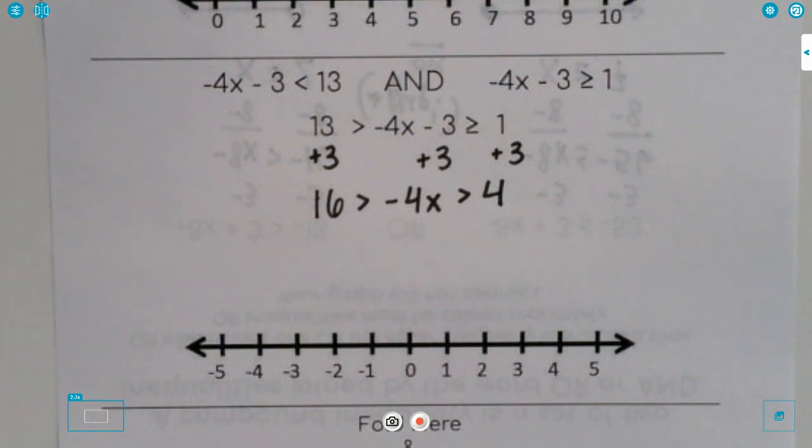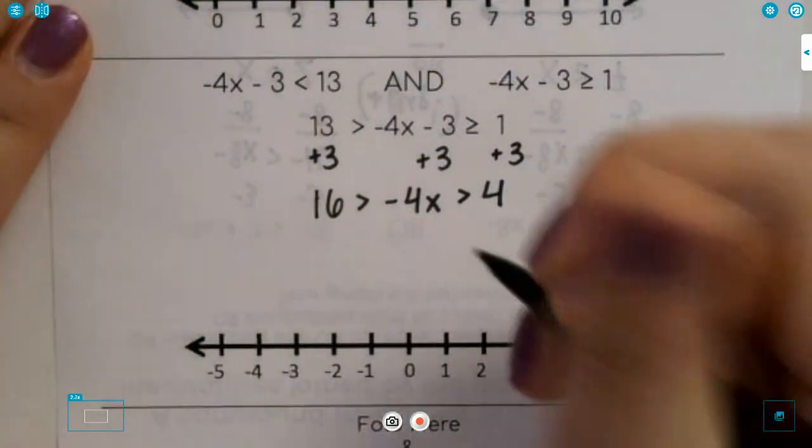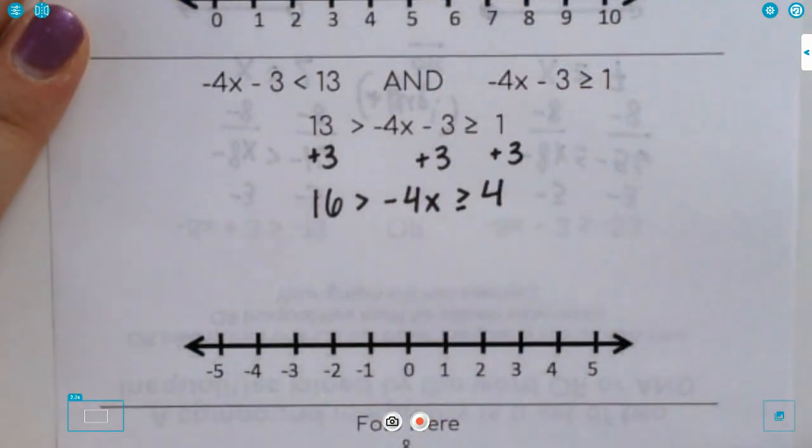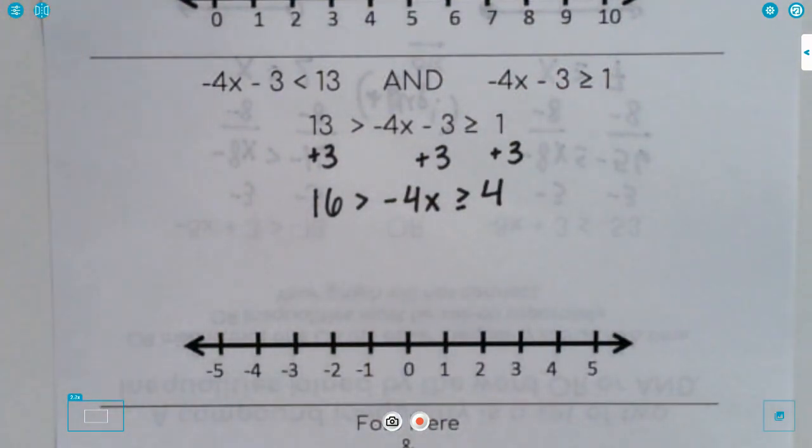Okay, from there, I need to get x by itself. What's that? Oh, it should be greater than or equal to. Good eyes. As soon as you said something, I was like, I know I messed up a sign.